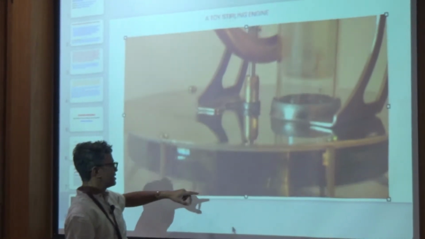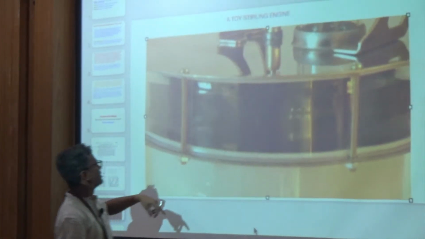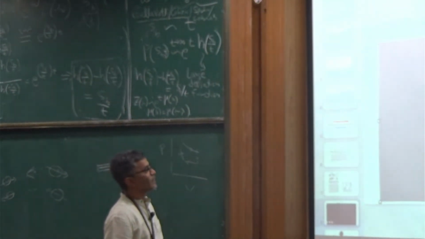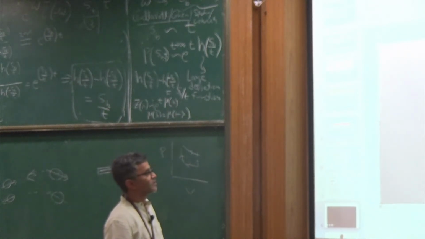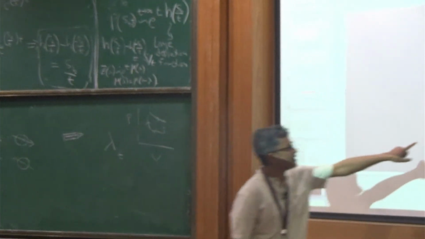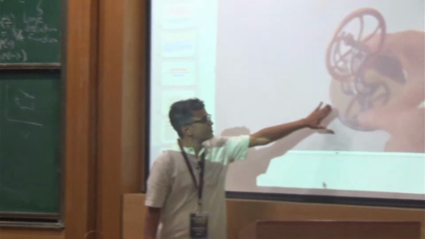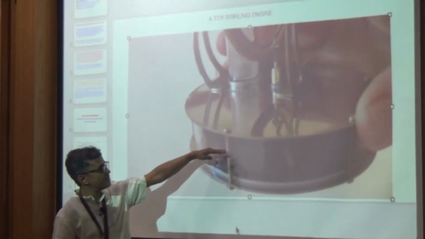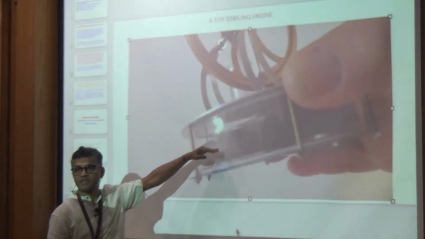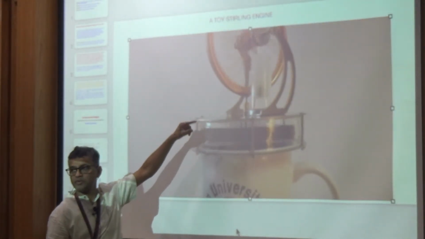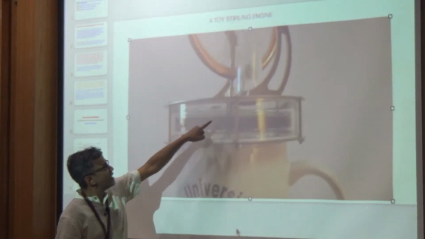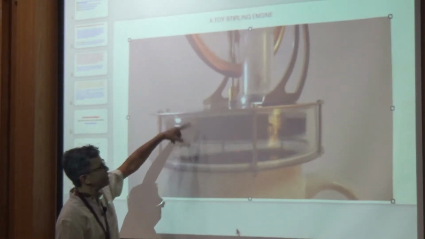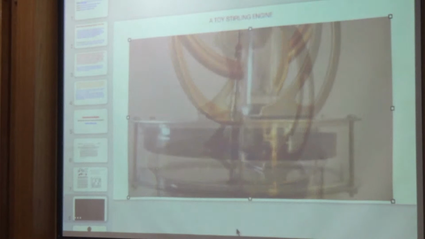Inside, there's a metal surface. This is the cold surface, the bottom is the hot surface, and inside there's a kind of piston which allows air to pass through. It goes up and down and drives that thing, but it can also allow air to go in between the two parts of that chamber.